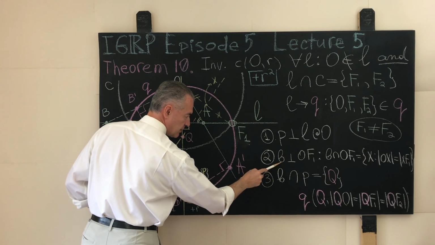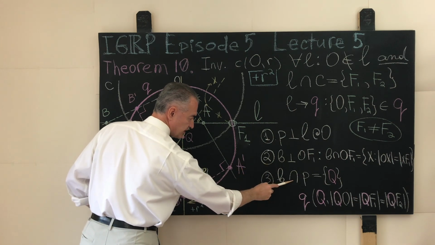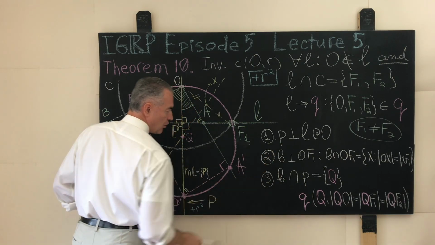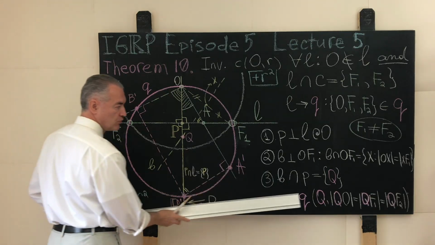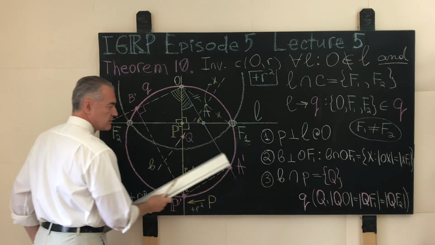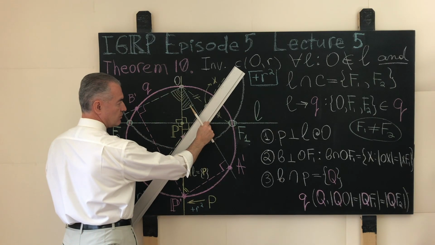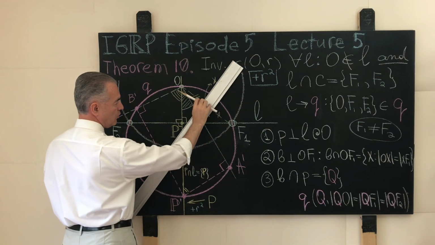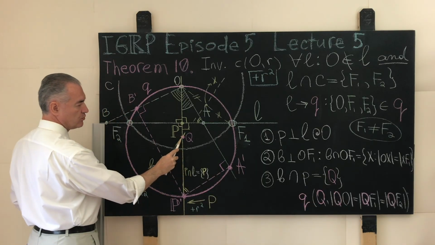The perpendicular bisector B that we obtained in step number two intersects the straight line p that we constructed in step number one at precisely one point. And that point is what? That point is called Q. The perpendicular bisector B of the line segment OF1 intersects the straight line p at the unique point Q. And what is Q?